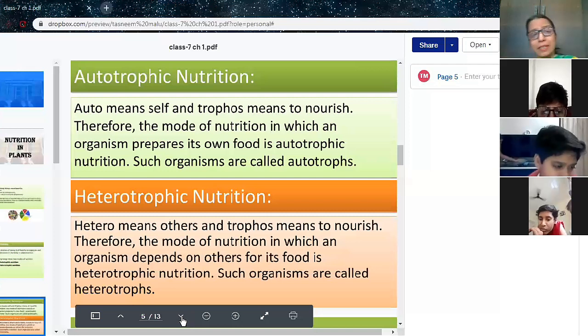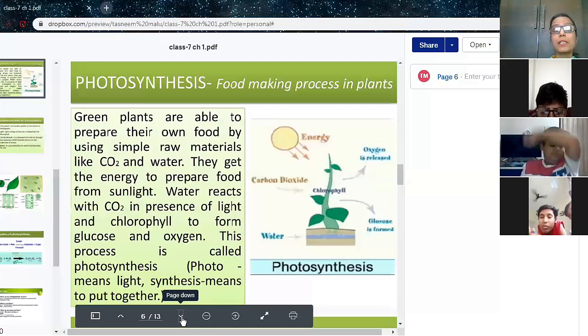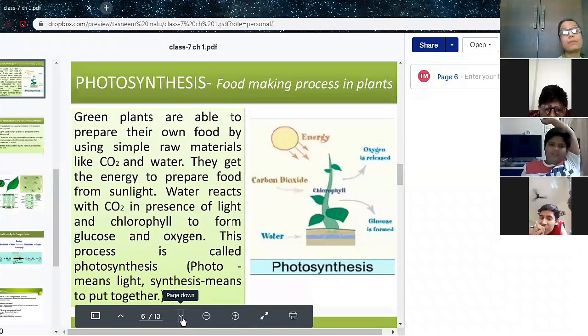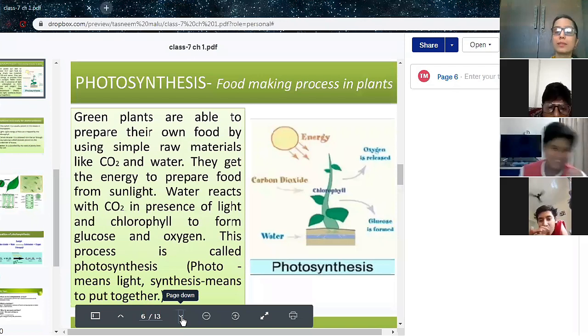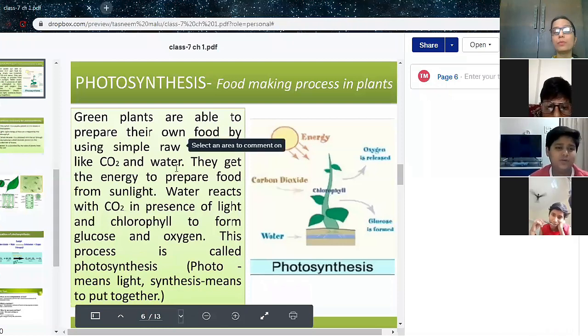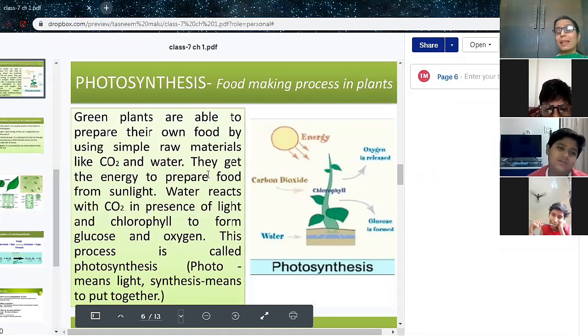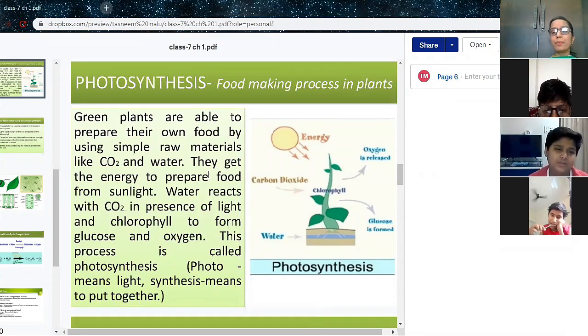Now, as we have discussed, autotrophs are capable of preparing their own food, and green plants are autotrophs. The process by which green plants prepare their food is known as photosynthesis. Green plants prepare their food by using simple raw materials like carbon dioxide and water. They get the energy to prepare food from sunlight.